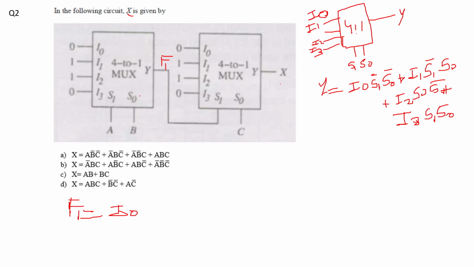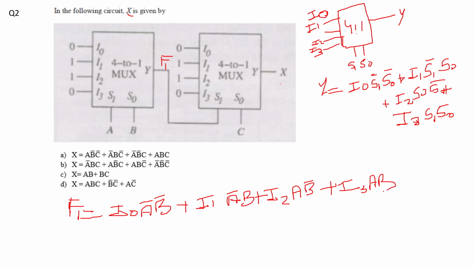In place of S1 and S0 we have A and B. I0 A complement B complement plus I1 A complement B plus I2 A B complement plus I3 A B. Now looking at our input values, I0 and I3 are 0, so those terms will not be there in our output.